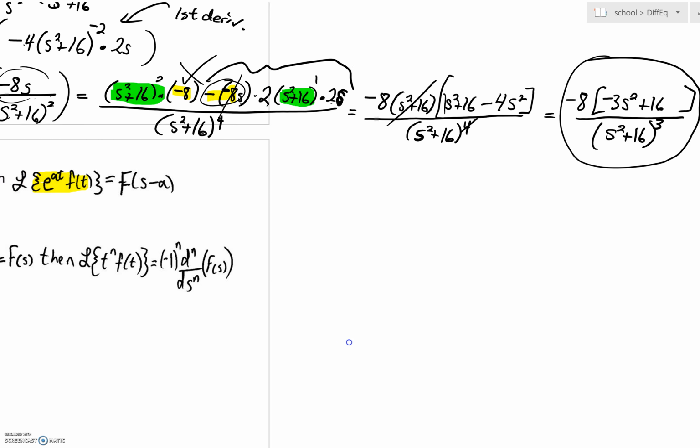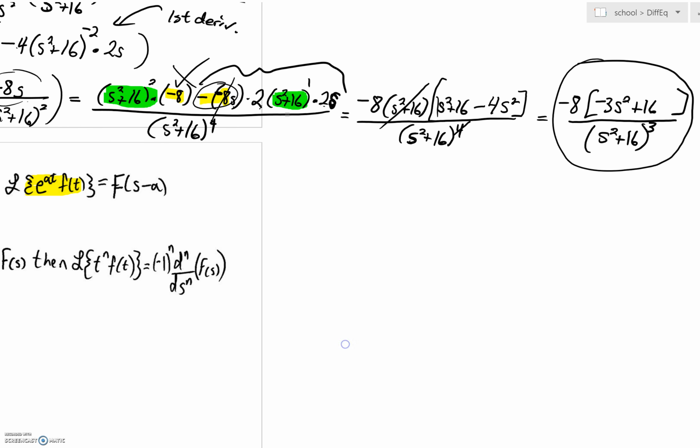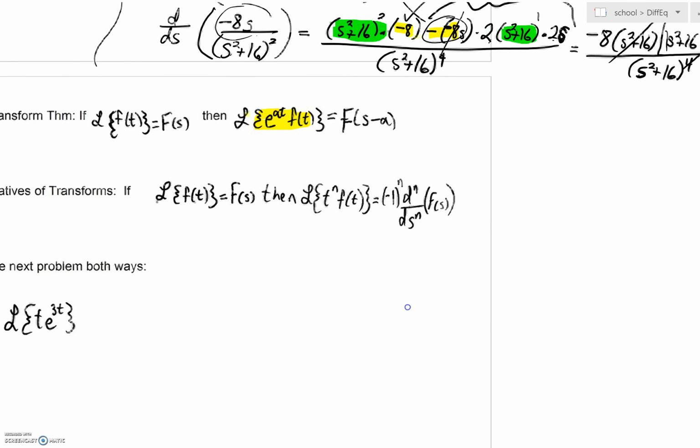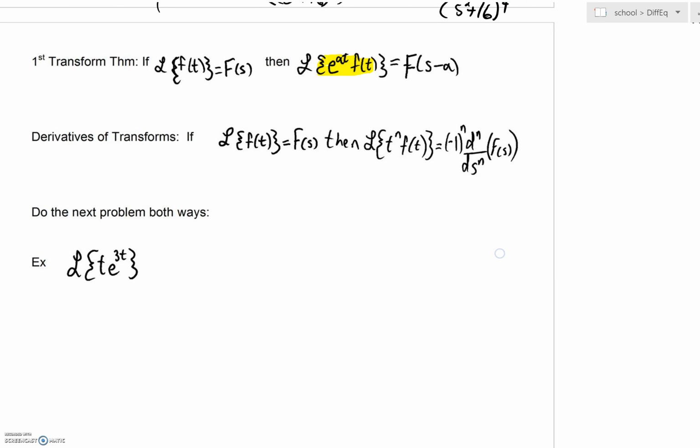Okay, as we continue, as we go to the back, you can see that originally we had a transform for e to the at. And we said that that would become capital F of s minus a.